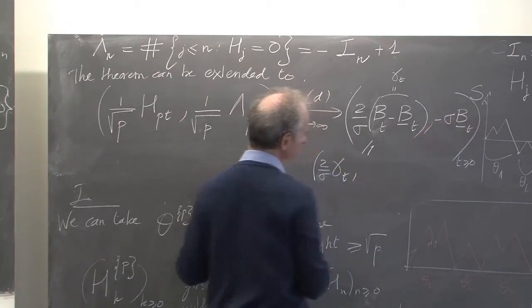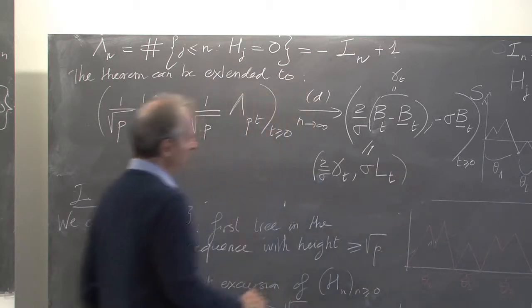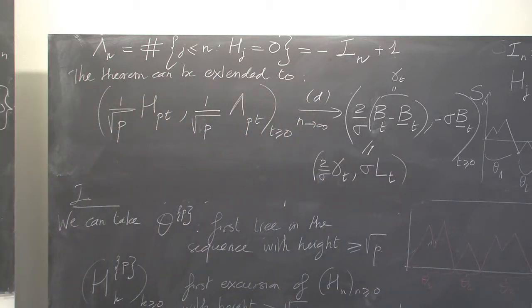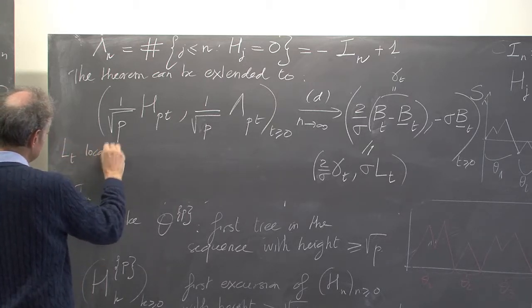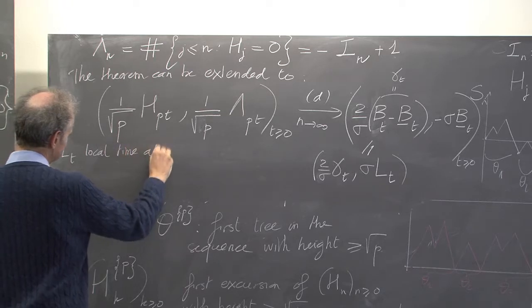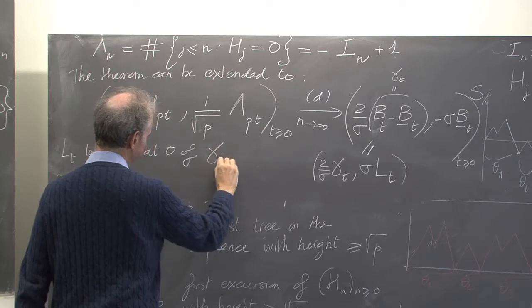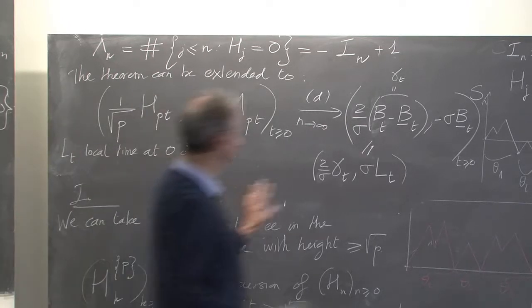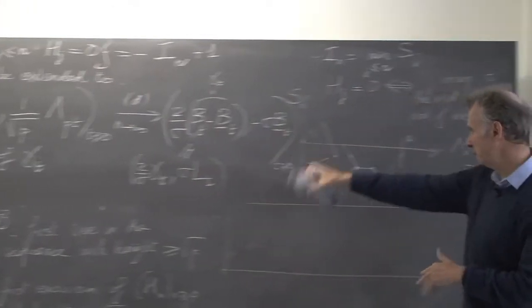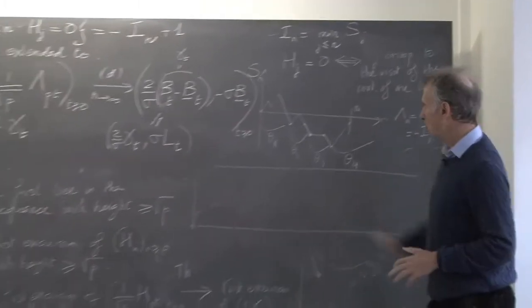This thing here can also be interpreted, I write it in this way, as a local time at 0 of gamma t. I don't expect that you know much about local time. I'm just going to explain that in a minute. You don't really need it, but I think it's good to have this interpretation, even to follow what will come later. So what is this gamma t?